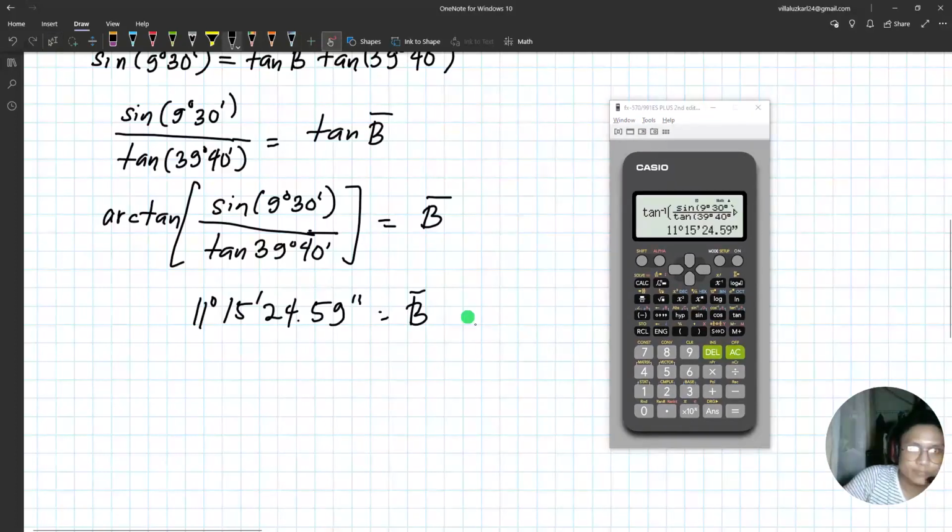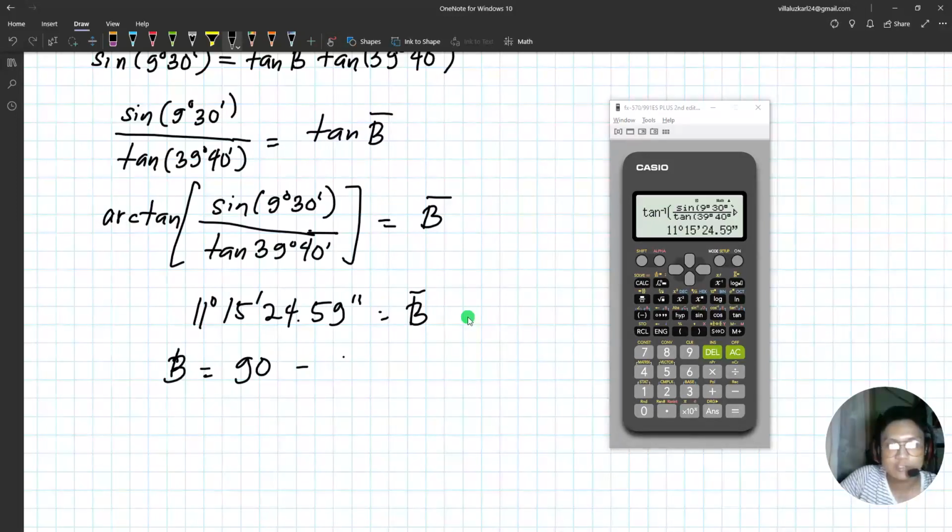Therefore, we have to subtract from 90 degrees, because angle B equals 90 minus bar B, or it is the complement of bar B. Therefore, 90 minus 11 degrees, 15 minutes, 24.59 seconds.